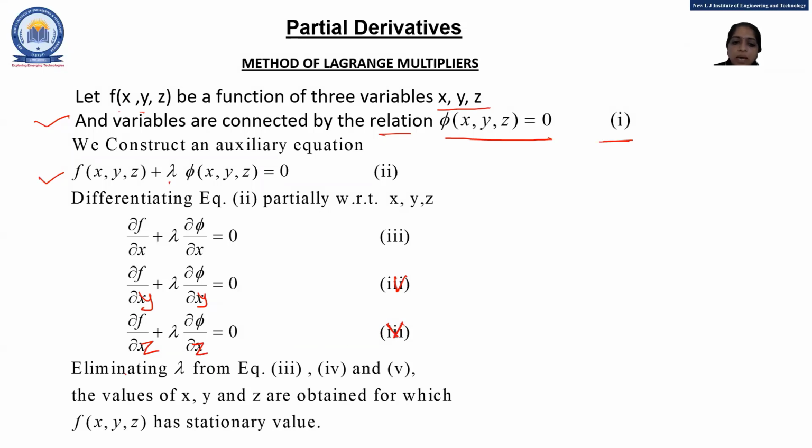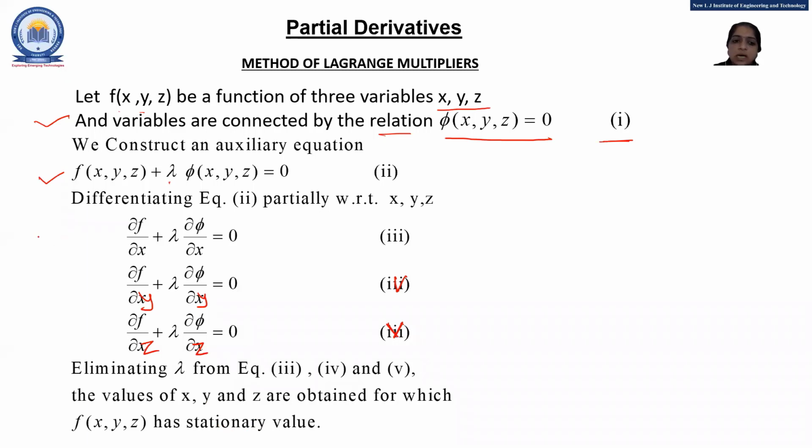By eliminating lambda from equations 3, 4 and 5, we get the values of x, y and z for which the given function has a stationary value. It means it may have the maximum value or the minimum value.